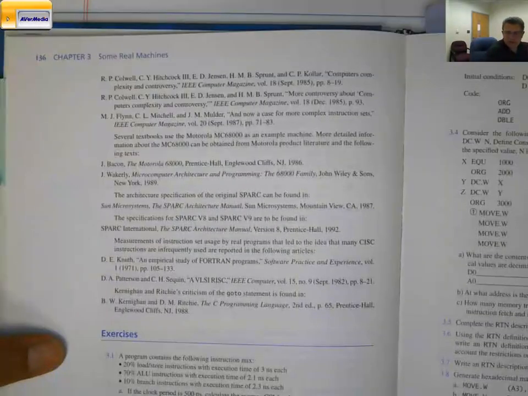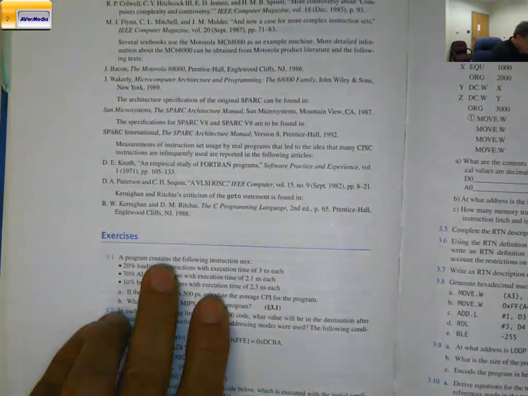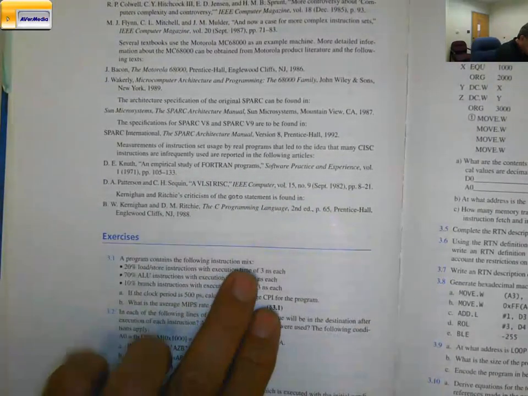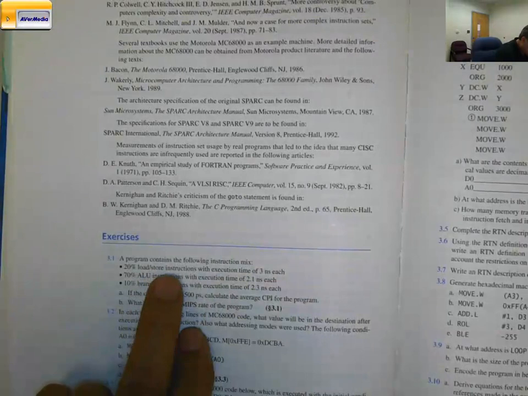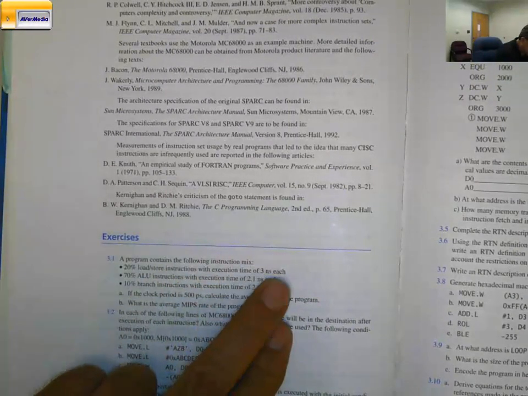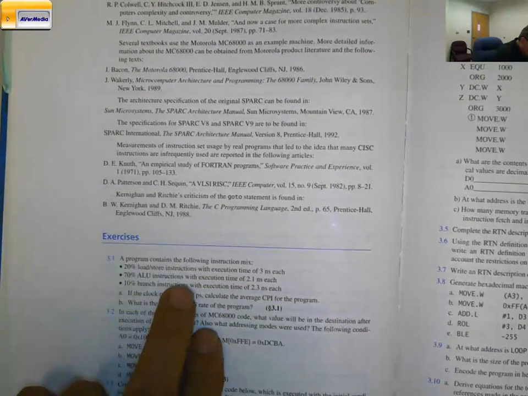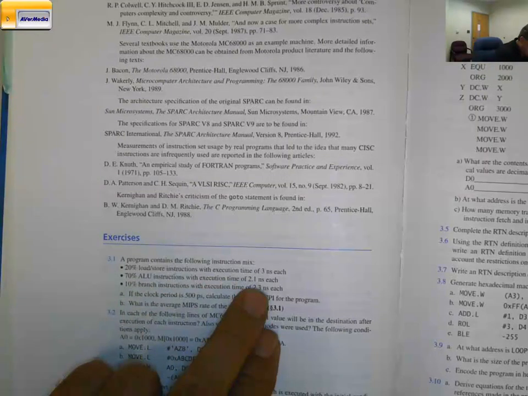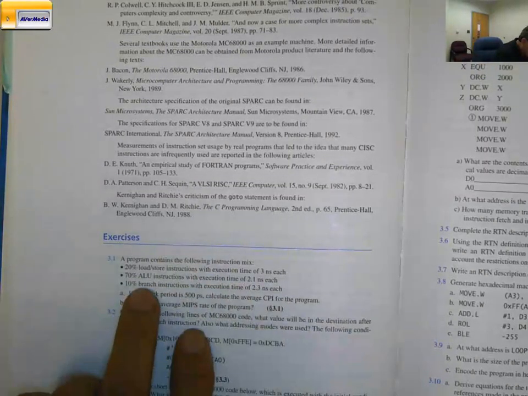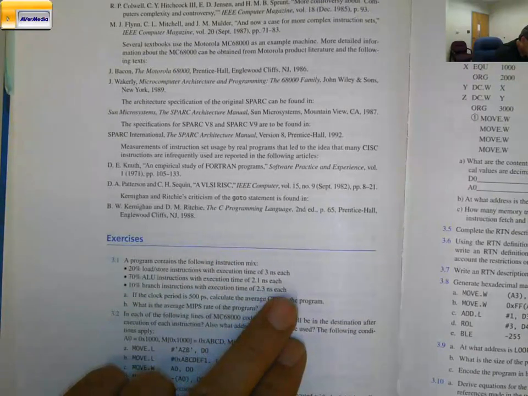Okay, here's a problem from chapter 3. It says, a program contains the following instruction mix: 20% load store instructions with the execution time of 3 nanoseconds each, 70% ALU instructions with execution time of 2.1 nanoseconds each, and 10% branch instructions with execution time of 2.3 nanoseconds each.